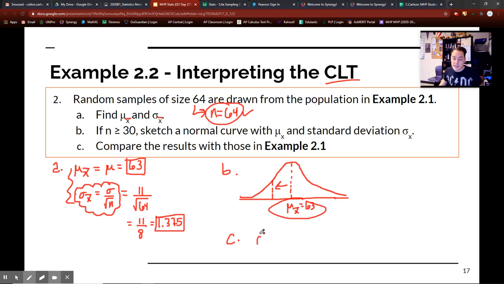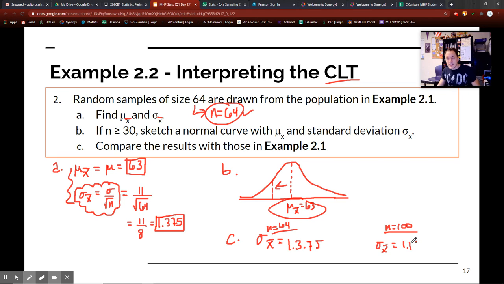Compare that result to the last example. In the last example, when n equals 64, the standard deviation of the sample means was 1.375. And when n equals 100 in the last one, my standard deviation of the sample means was 1.1.